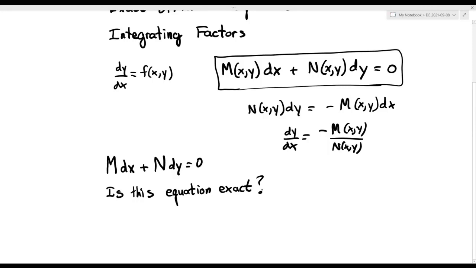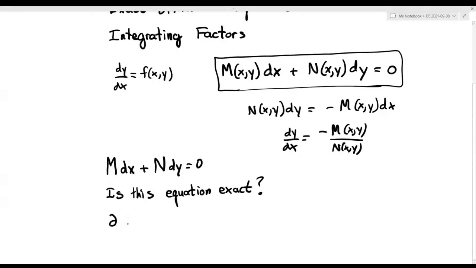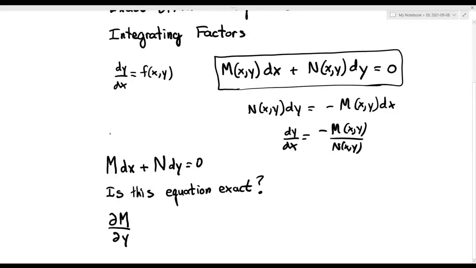Well, the test for a differential equation being exact like this is to take the function that multiplies dx, the M in this case, and differentiate it with respect to y. So you take the M, which multiplies the differential dx, and you differentiate that with respect to y. And then you differentiate N, the thing that multiplies dy, with respect to the other variable x.